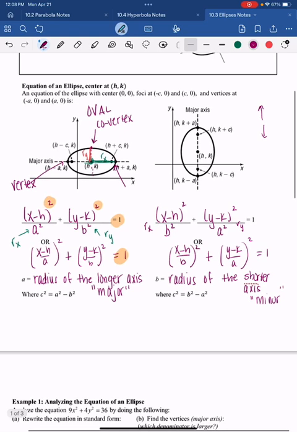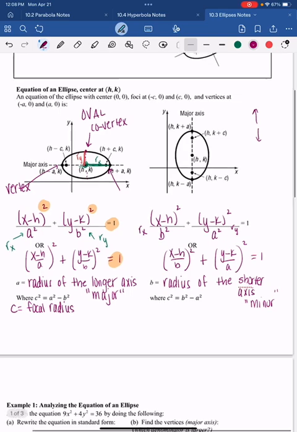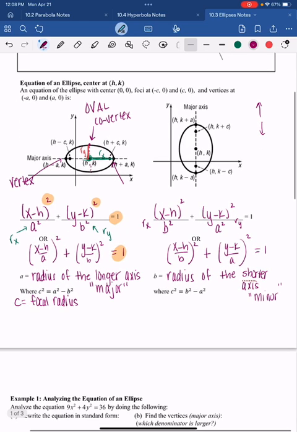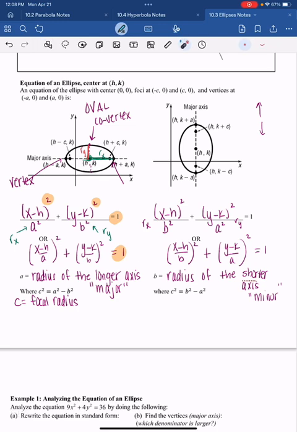So c is going to be the focal radius. And that's going to tell you the distance from the center of this ellipse to the focus. Okay, so what that means is you'll notice that there's two different equations. In the first equation, they have it as a squared minus b squared.